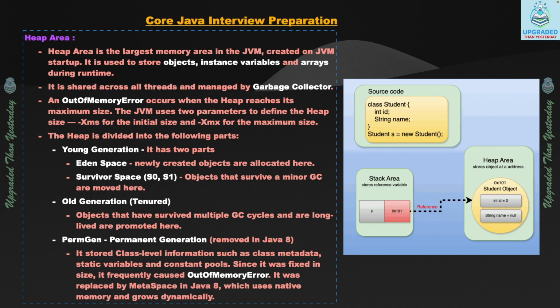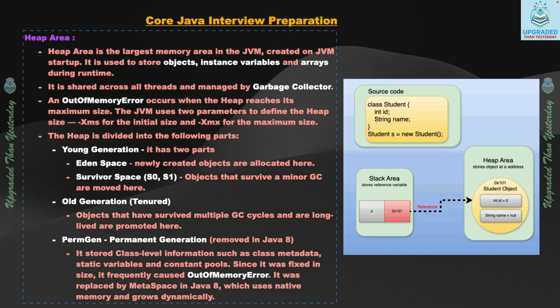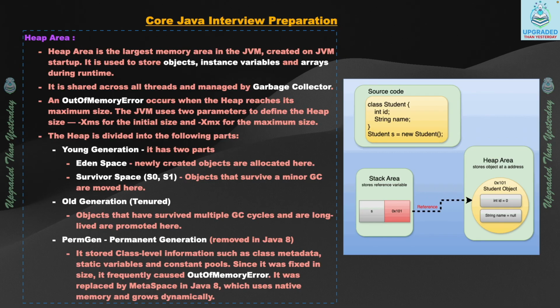It consists of two areas, eden space and survivor space. When an object is created, it is allocated in eden space. But any object that has survived at least one minor GC run lives in survivor space. During a minor GC run, objects still in use are moved from eden space to one of the survivor spaces, S0 or S1.